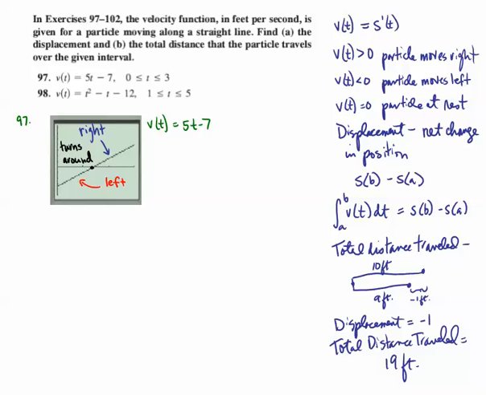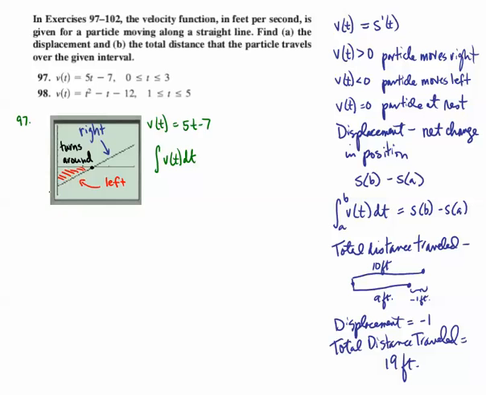All right, second of all, let's see that if we were to take the area between the velocity curve and the x-axis when the velocity is negative, that's going to tell us the distance that we moved to the left. So integral of v of t dt. And how do we know where that occurs?